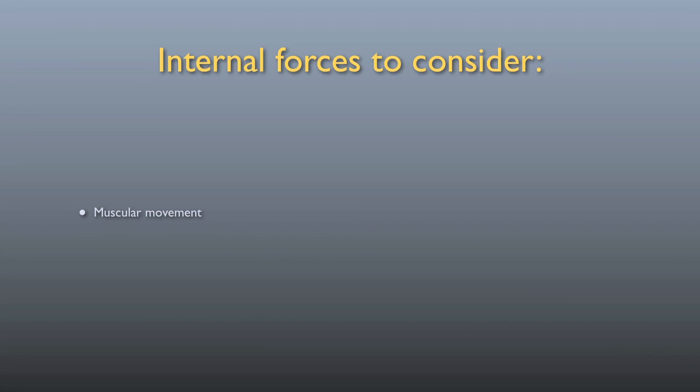So you want to think about which one of those is acting on your character. Muscular movement is definitely an internal force. And I like to think of it as having a proactive look to it.